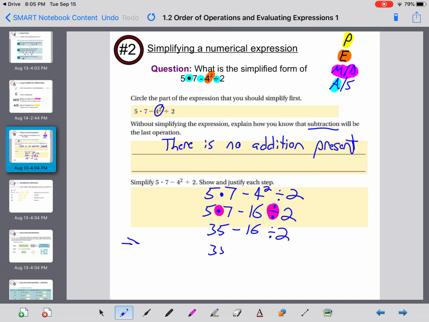Now we can complete the division. 35 minus 16 divided by 2 is 8. And 35 minus 8 is our final step, which gives us 27.